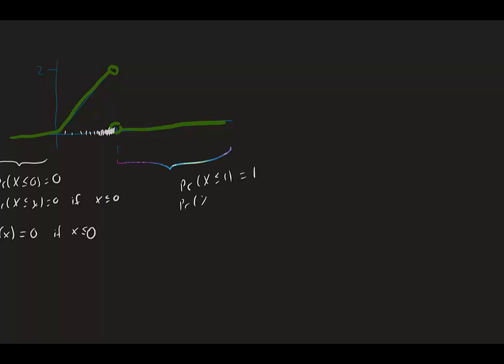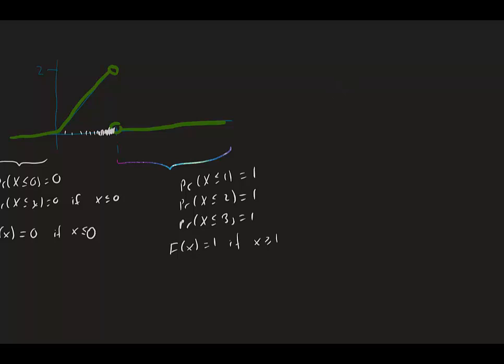So the probability that I do my trial and it's less than or equal to 2, well, still 100%. The probability that I do my trial and it's less than or equal to 3, still 100%. So F of x, probability it's less than or equal to x, is 1 if x is at least 1. So for everything in this range, my cumulative distribution function is 1.